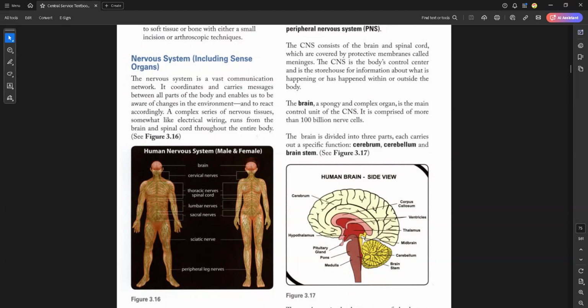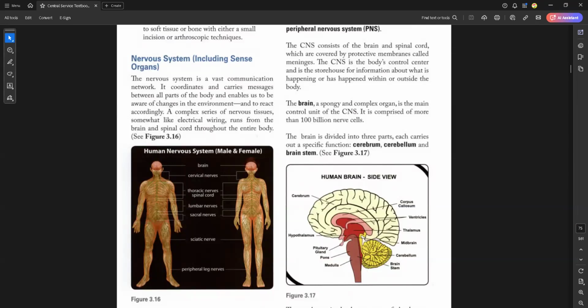It is the brain that interprets. So when you go to the top there, you see we have two divisions. We have the central nervous system that consists of the brain. And the brain is, of course, the control unit, as we said, with more than 100 billion nerve cells. The body has more than 100 trillion.